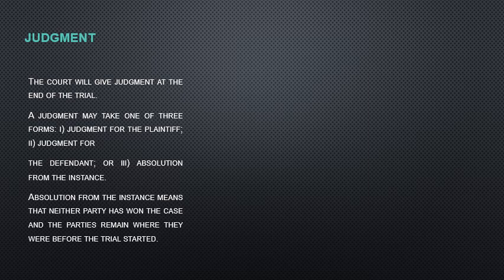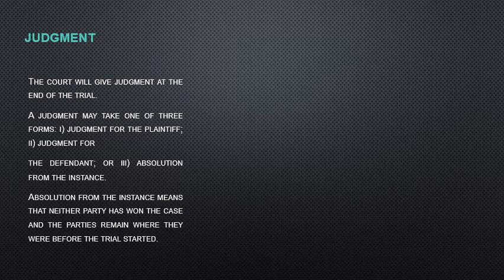right? So this judgment, absolution from the instance, can be given soon after the end of the plaintiff's case or at the end of both cases if there is no sufficient evidence put forward to solidify either of the parties' claim, right?